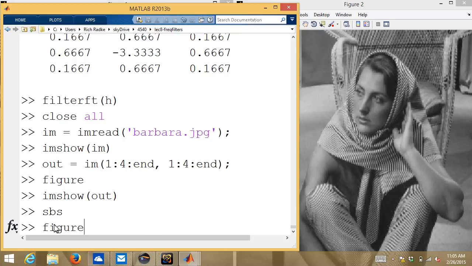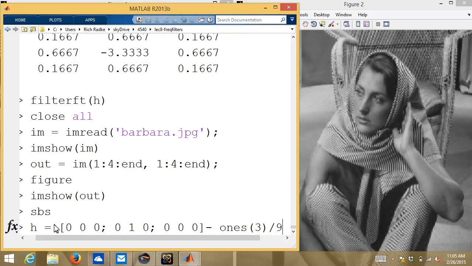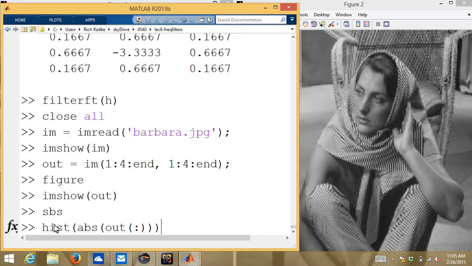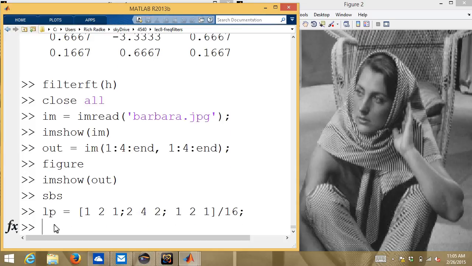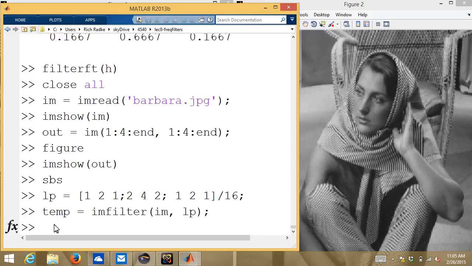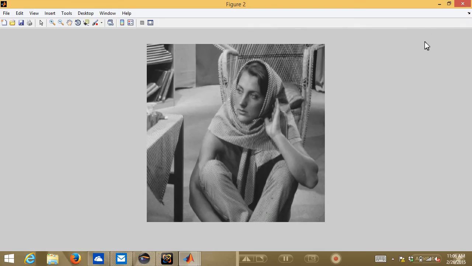And so what I could do, for example, is say, okay, I'm going to take a filter like, where was that nice one I had? I had a good filter. Yeah, this guy. So now if I were to take the filter of this guy, so this is going to be a blurrier image, right?